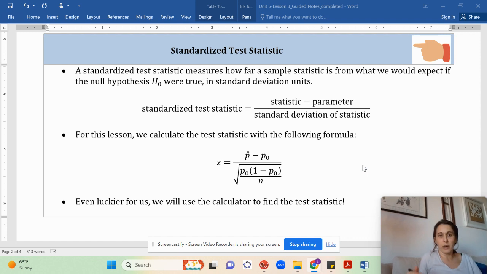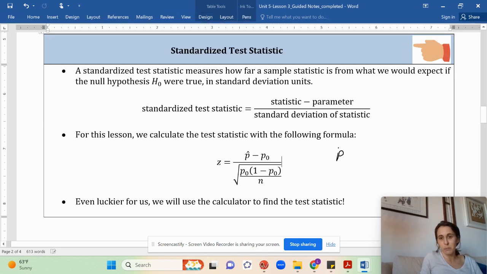Notice we have a couple of notations here. Remember, p hat is the sample proportion. So let's write that down. P hat is the sample proportion. That's actually what we obtain from our sample.